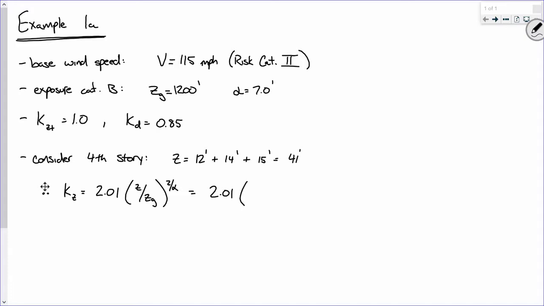You tell me. Well, yeah, that's right. That's 2 over 7, and then I'm getting ahead of myself. The fraction inside is going to be what? 41 over 1200. So what's that come out to be? We'll say 3 decimal places.